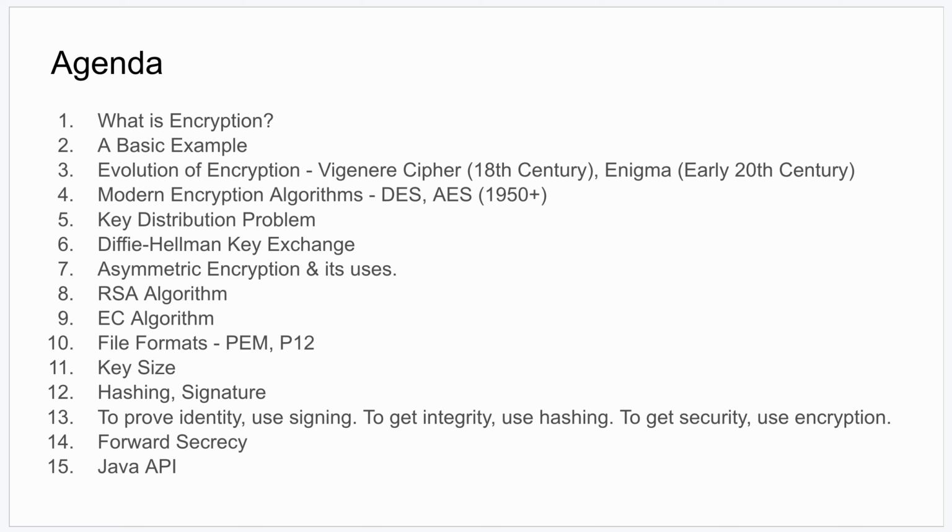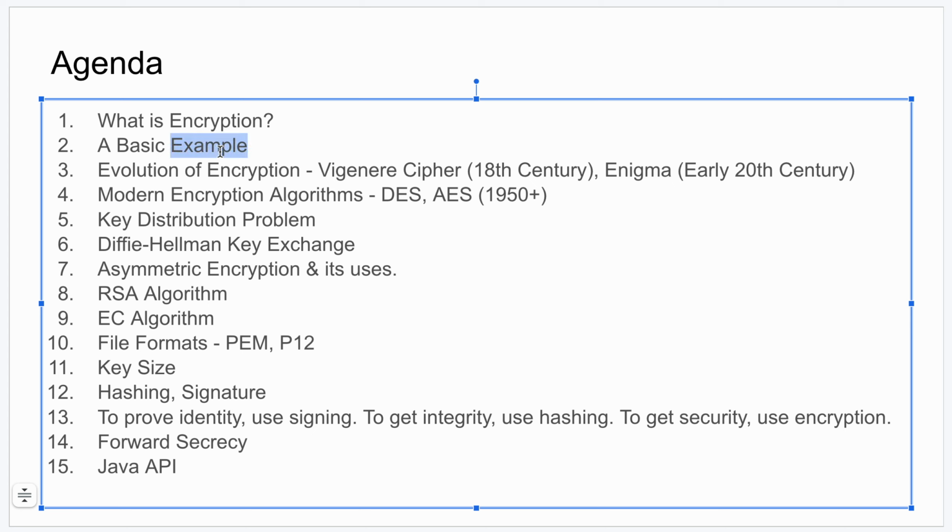So as I said, we will start with the basics of encryption, look at the actors involved, the first party and the second party that needs to communicate with each other, a third malicious party, and what are the terminologies involved. We'll look at a basic example of encryption, and we will look at a few methods over in the past which continuously evolved over time.